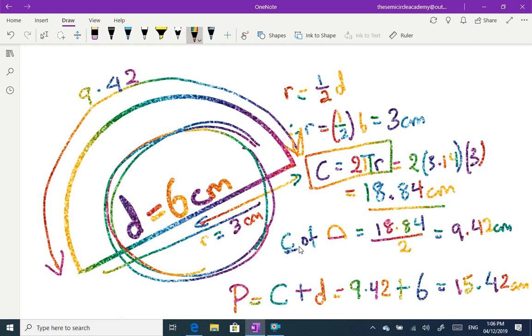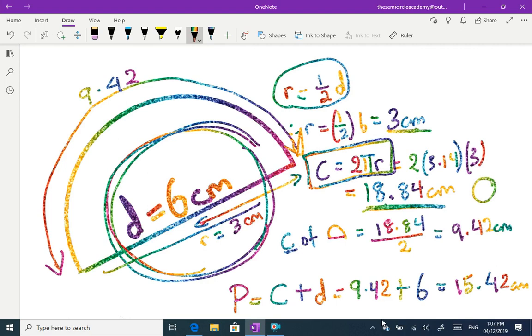So we could see here that for a semicircle, you would have to do a little bit of reasoning. You would have to reason that the radius is half of the diameter, and so you could find what the radius is, and then just use your circumference formula. The circumference formula will give you the circumference of the full circle, that is, the distance around the full circle, right?